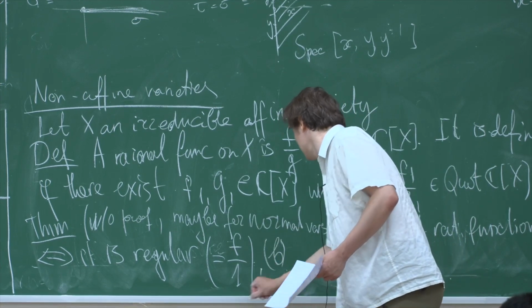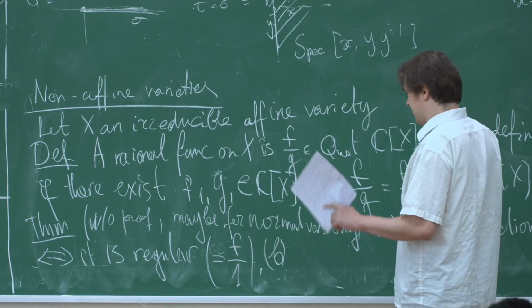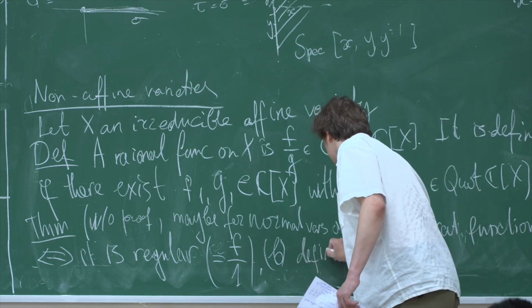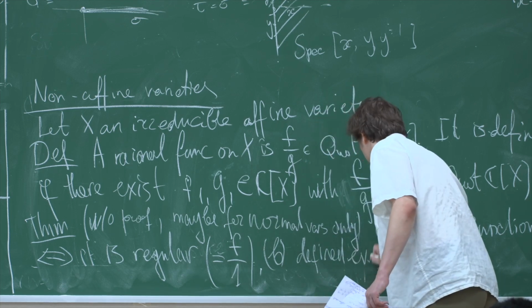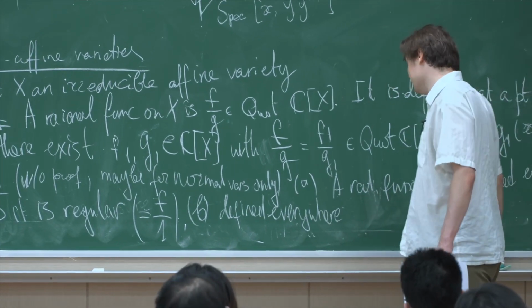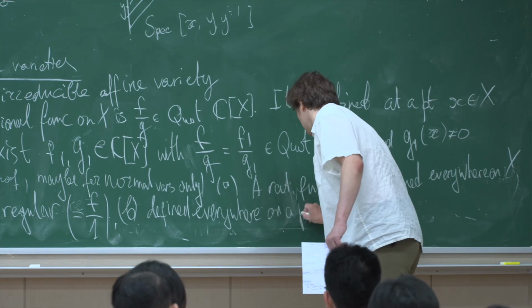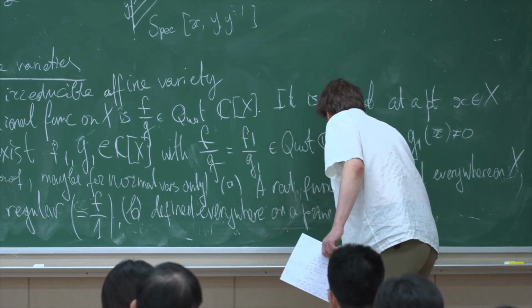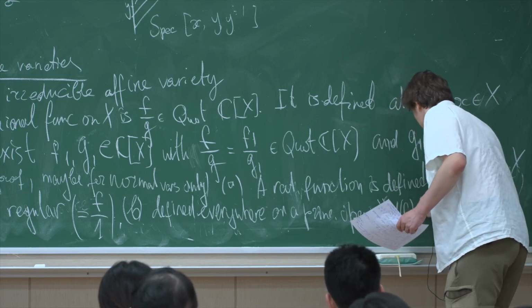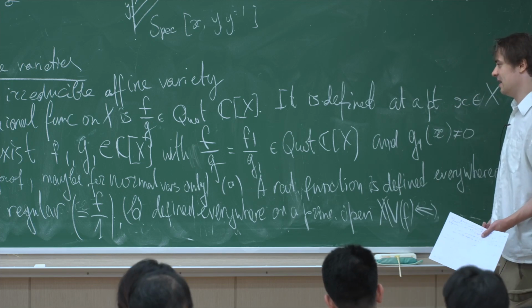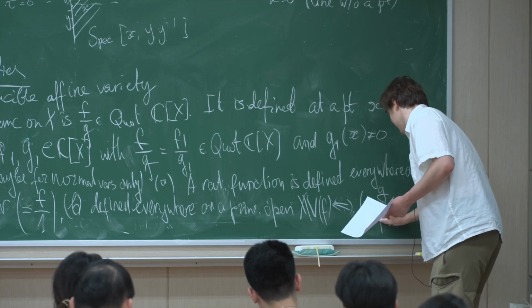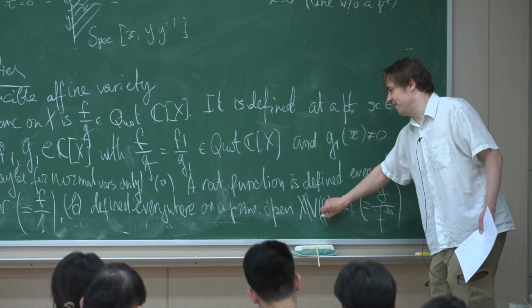and b, defined everywhere on a principal open subset, X without V of f, if and only if it equals some g divided by f to the n, where g is something and f is this f.